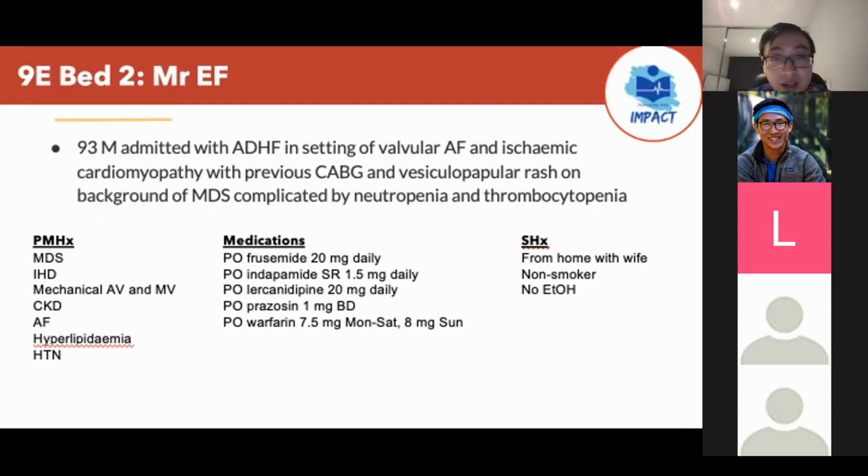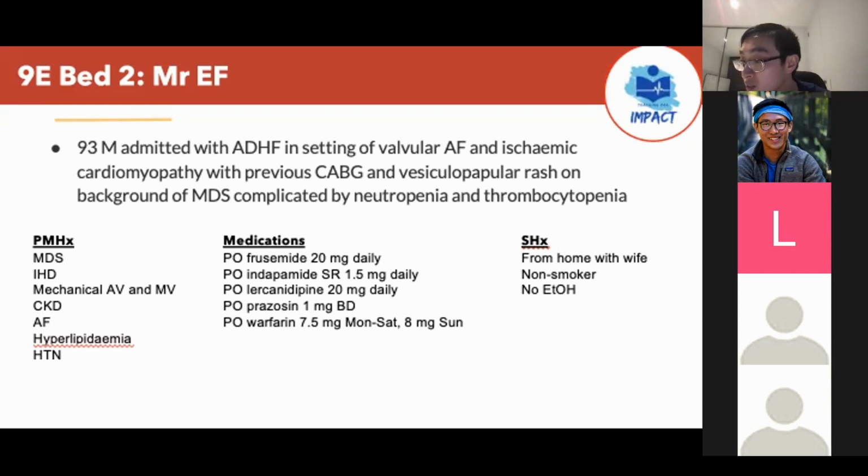I just want to highlight indapamide. What's that? Yeah, it's a thiazide-like diuretic. Fantastic. Sorry, just a question: is bilirubin level routinely provided in LFT?